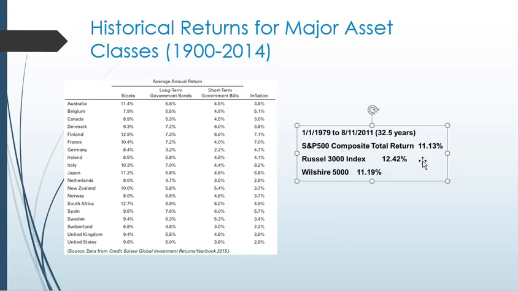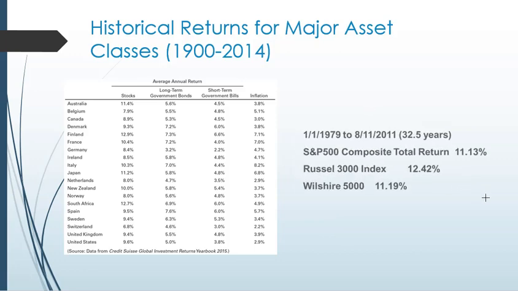I did a little bit of research not too long ago, and I just gathered some returns for the S&P composite return, the Russell 3000 index, and the Wilshire 5000 index. And what we find is from 1979 to 2011, it's 32 and a half years. Now, if you also remember what happened in 2008, 9, and 10, we had a huge recession in the United States.